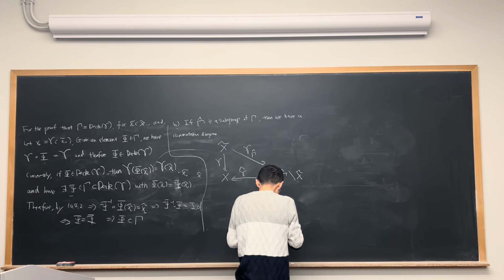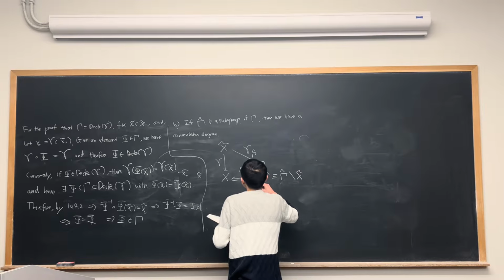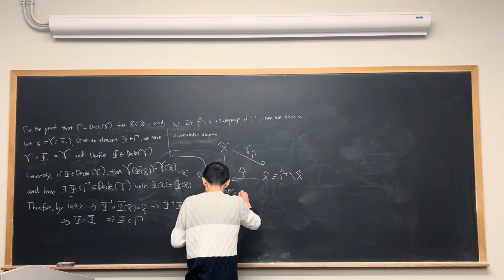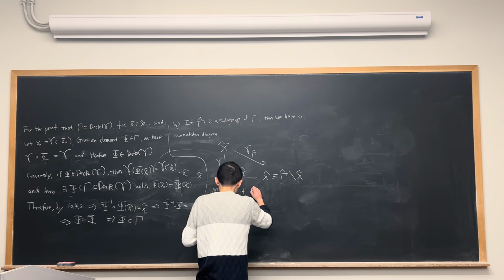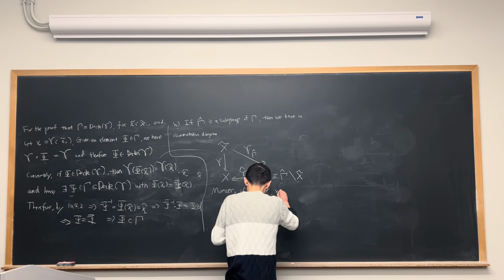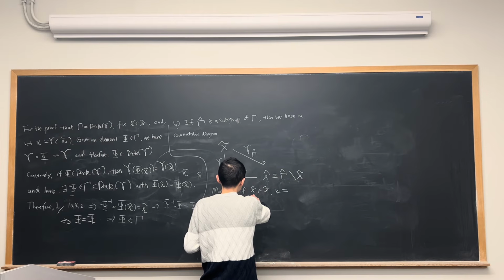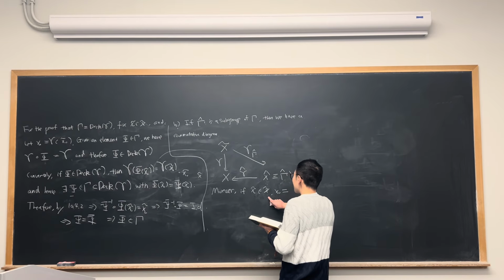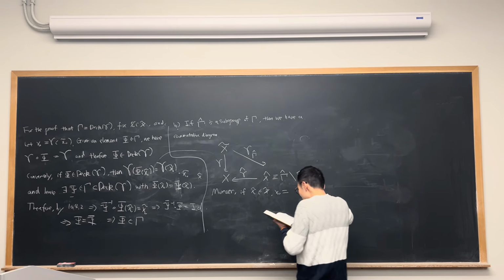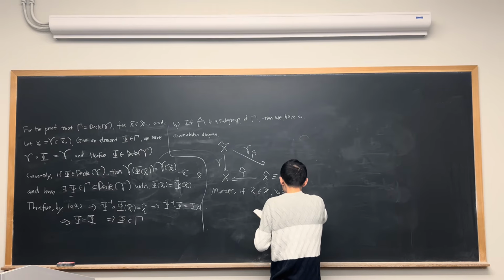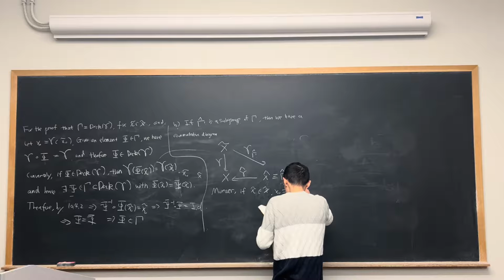So, of covering maps. Moreover, we fix a point x naught tilde in this x tilde, and x naught is equal to the projection by this vertical gamma of this x naught tilde.